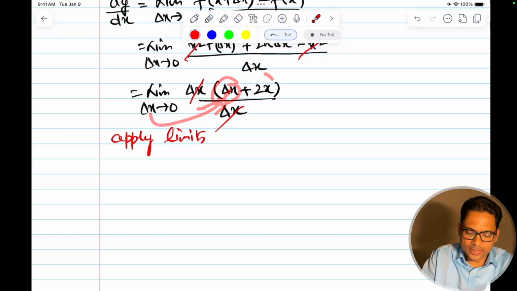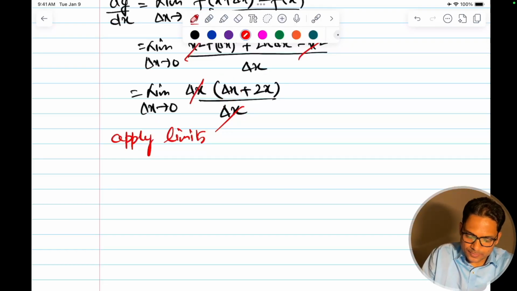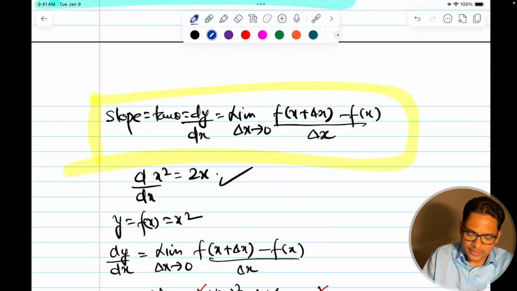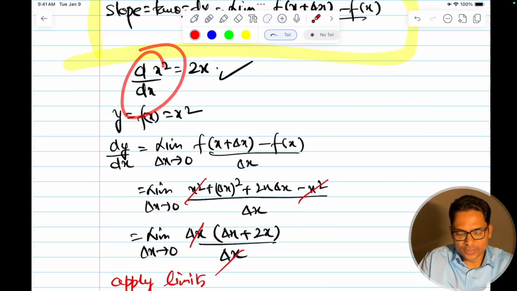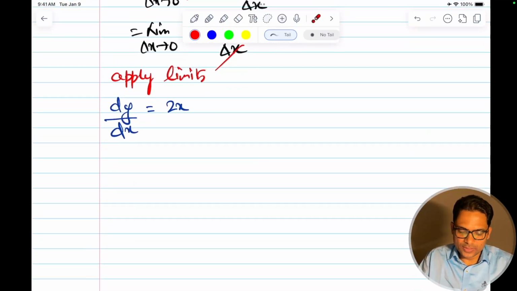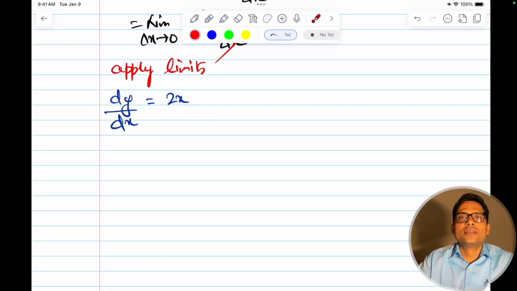So my dy by dx will become 2x, where y is equal to x square. So we have proved this with a simple formula. Similarly, you can check out for e to the power x, log x, whatever. All this can be solved this way. I hope this makes sense.